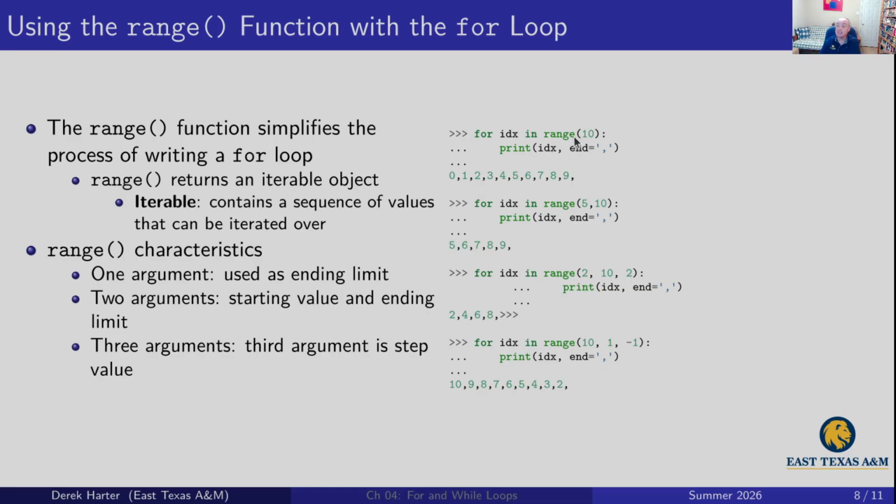That's really what the range function is for in Python. You can think of this as returning a sequence. If you ask for range 10, it will return the sequence 0, 1, 2, 3. It always starts at 0 and goes up to, but doesn't include, the last value. Okay, if you only give it a single value in the range.